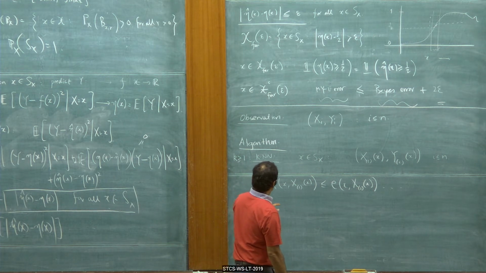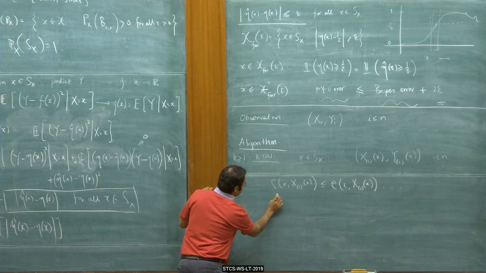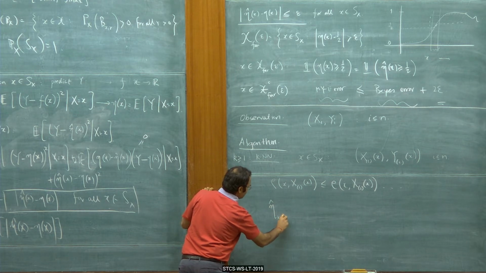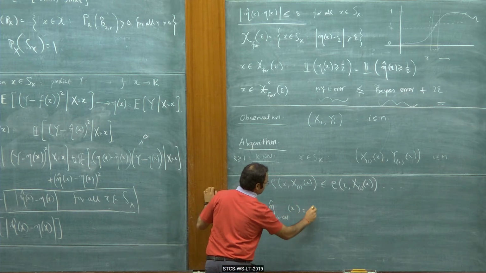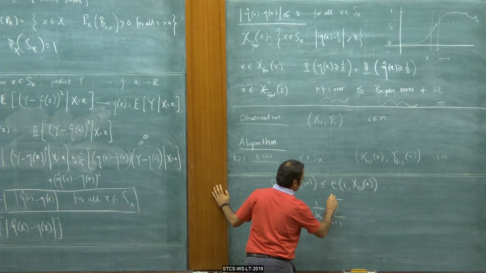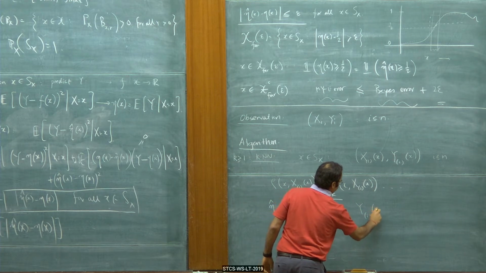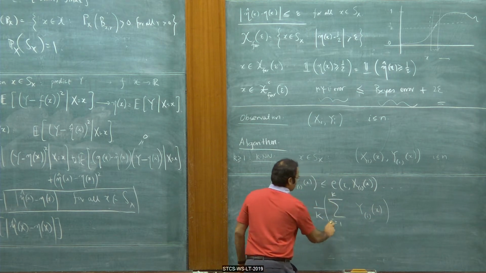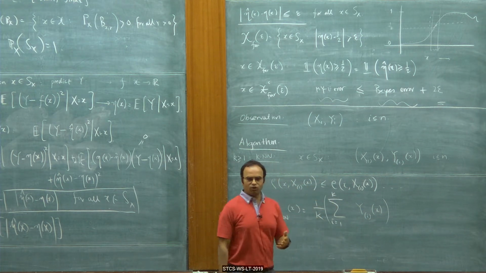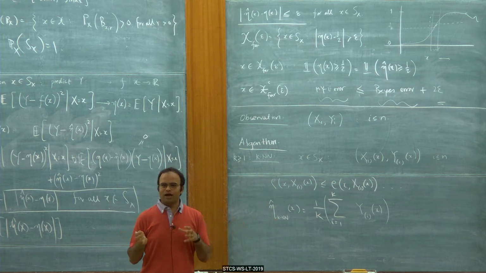Now you're going to produce your estimate: eta hat k nearest neighbor for x equals 1 over k, summation i equals 1 up to k, of yi of x. That is, look at all the data points that are out there and find the k closest to you.